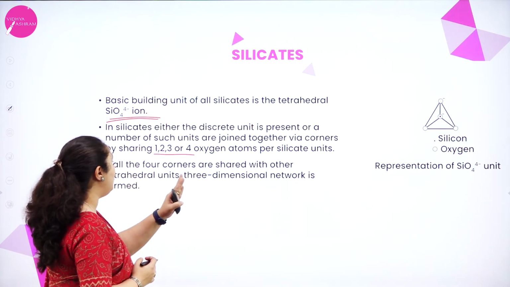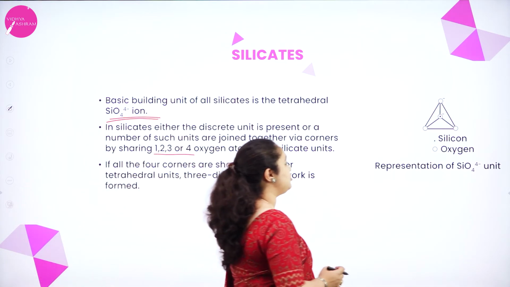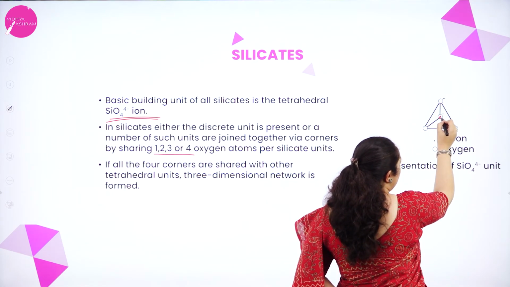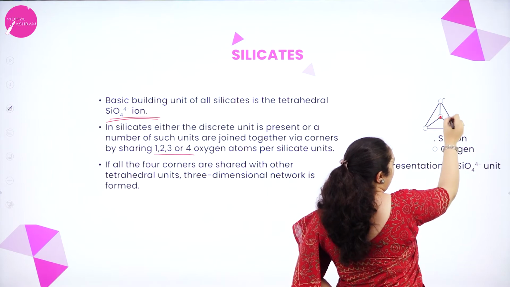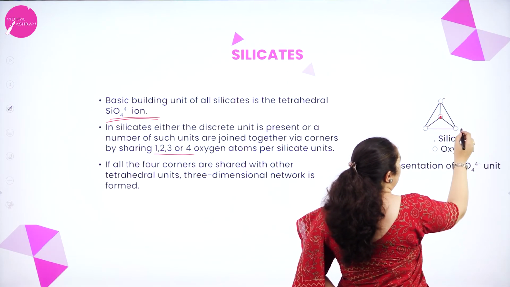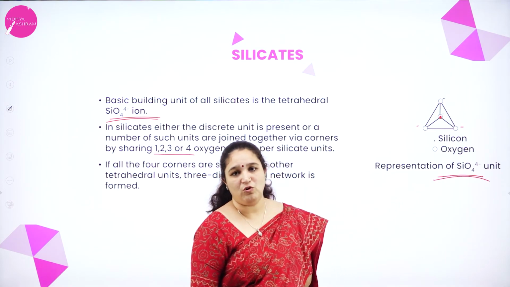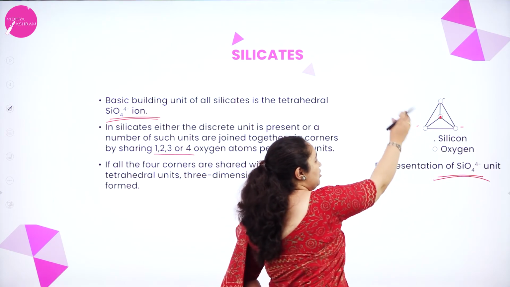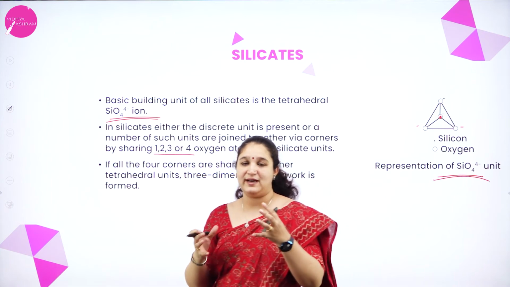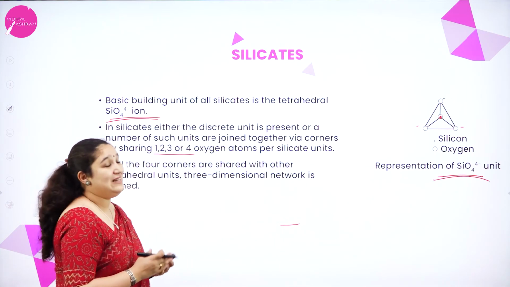If all 4 corners are shared with other tetrahedral units, we get a 3-dimensional network structure. You can imagine this is silicon, the small dot. I have 4 oxygen atoms, 1, 2, 3, 4, and it has the negative charge. So it is SiO4 4-, and every corner can be linked with one another. You can imagine all the tetrahedrons linked with one another, and then we form silicates.